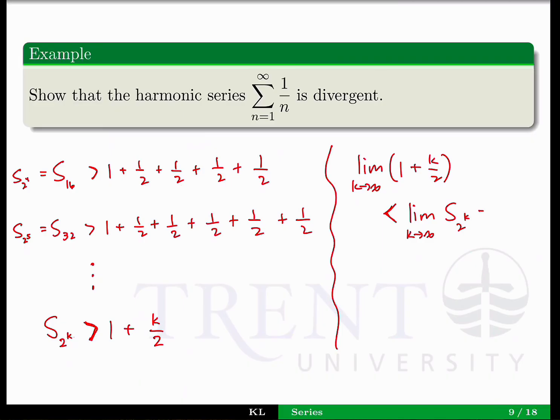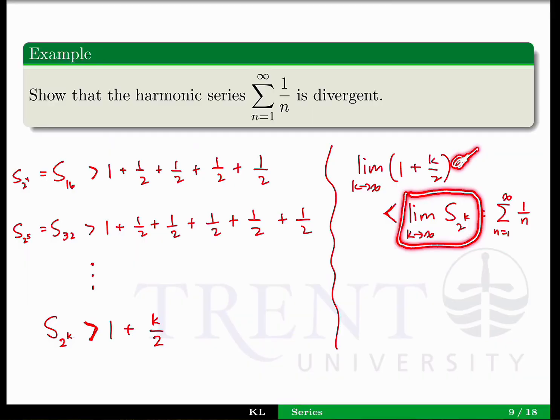But this here is equal to the sum of 1 over n from 1 up to plus infinity. By definition, this here will give us the equality. So the limit of S sub 2 to the k as k approaches infinity will be greater than the limit here.